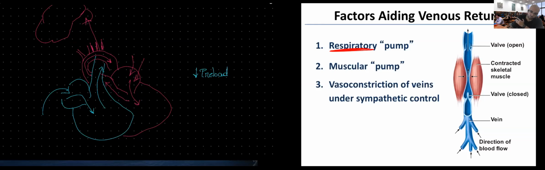So if I have a reduction in the amount of blood returning back to the heart, I will have less blood that will return to the left side, and so less blood that's going to be pumped out.